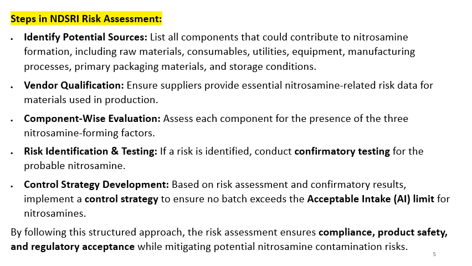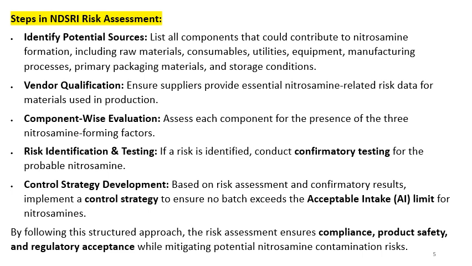We should ask the supplier for a nitrosamine declaration or nitrosamine risk assessment and the nitrite levels of their excipients. Component-wise evaluation can be done for the presence of nitrosating agents, favorable reaction conditions, and secondary amines.